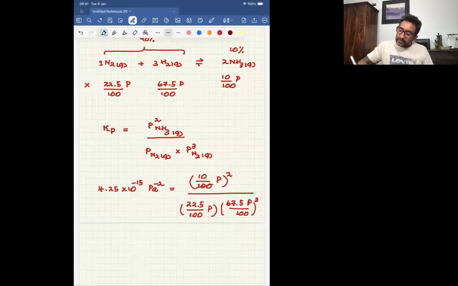100 squared cancels out. This becomes 100 squared because there's one remaining. Pressure squared, pressure cube cancels out. This becomes pressure.